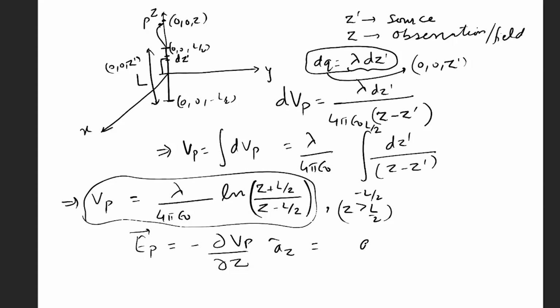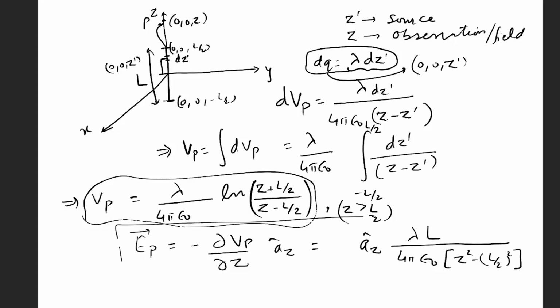We will get Az, of course, we know the direction will be in the z direction only, lambda L, the length of the line charge, over 4 pi epsilon naught times z square minus L by 2 whole square. So this will be the field due to this finite length line charge.